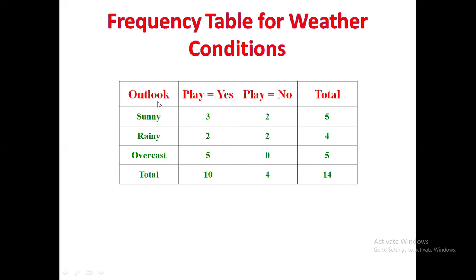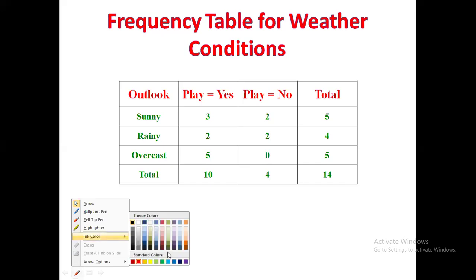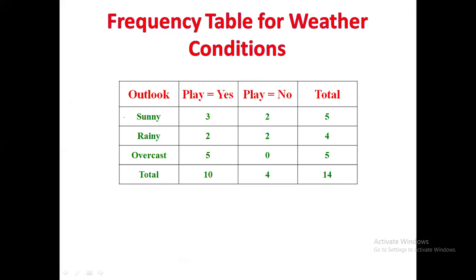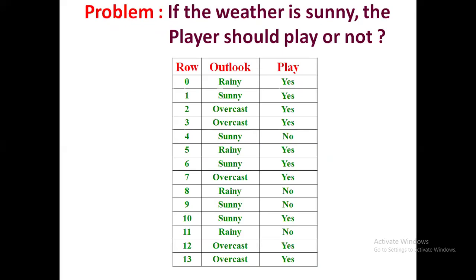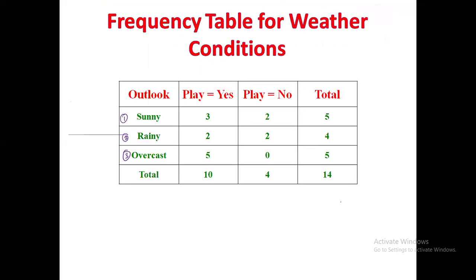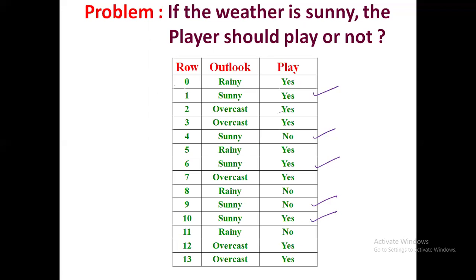Outlook equal to sunny. From the above table, we have to consider all those parameters and calculate. For the first parameter, sunny, play is equal to yes. From this table, how many sunnies are there? This is one sunny, 2, 3, 4, 5. Out of these 5, how many yes values are there?